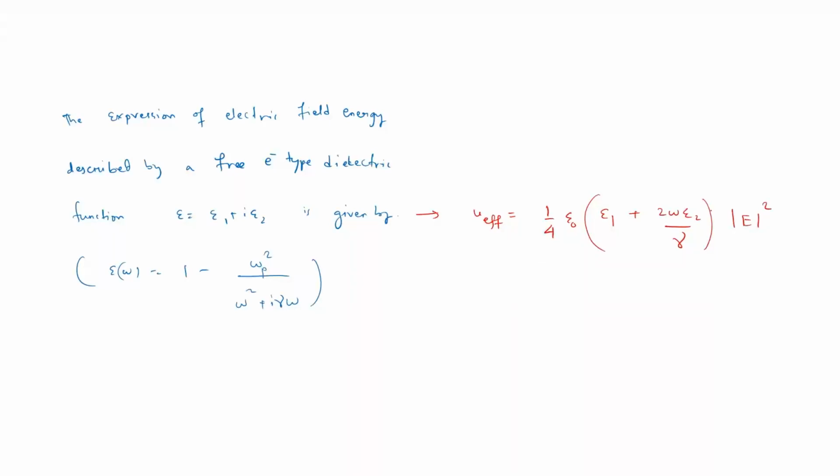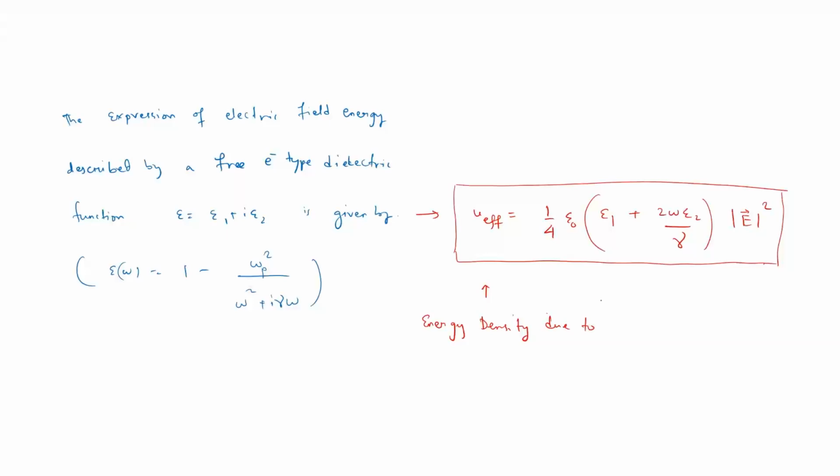So this is the energy density due to the electric field inside a metal. We will just take it for granted now and not go into the derivation. If the metal is described by this free electron model, then this is the energy density due to the electric field.